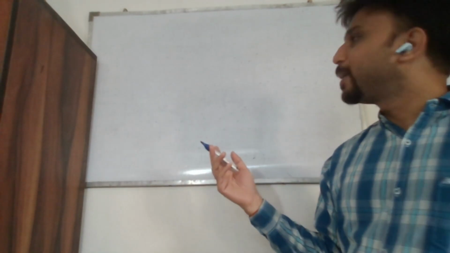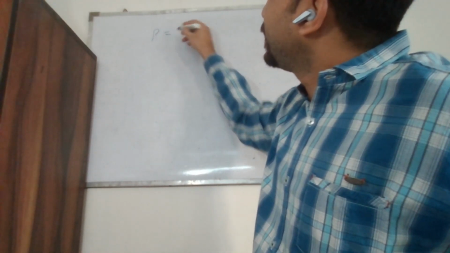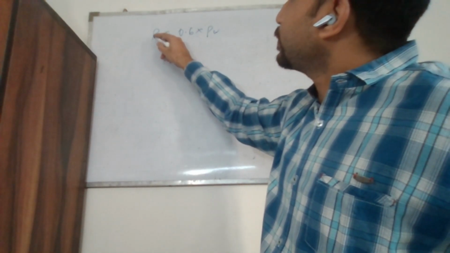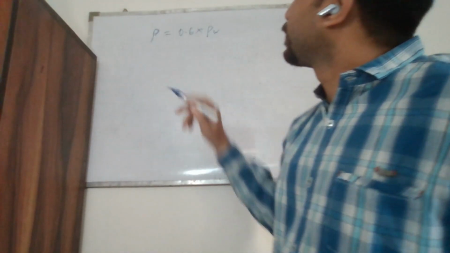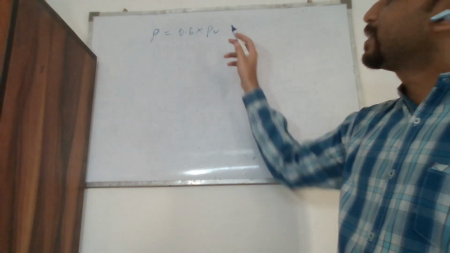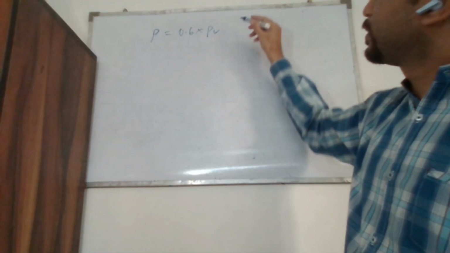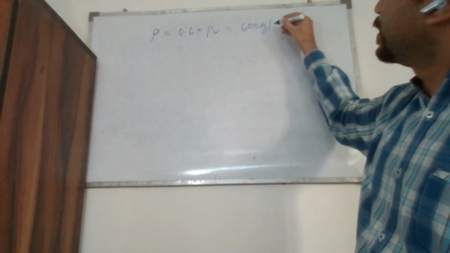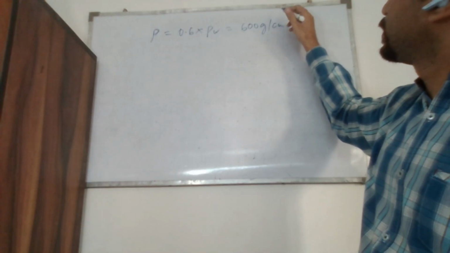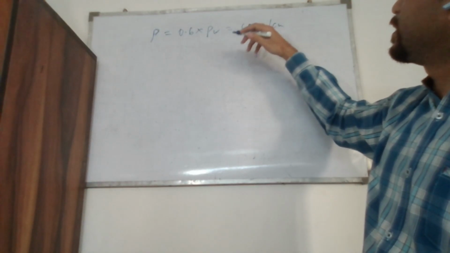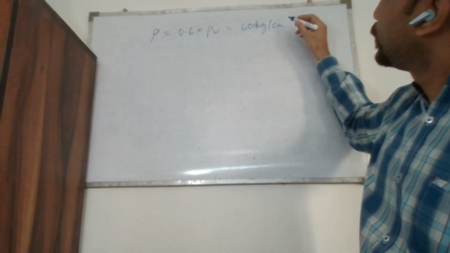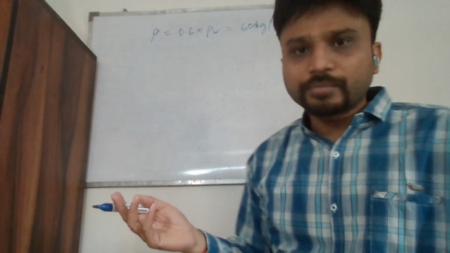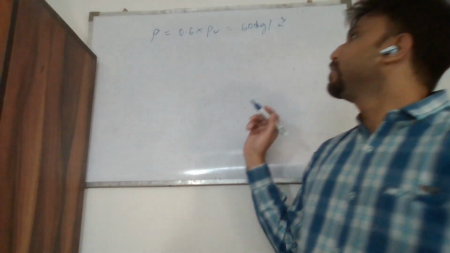So let's say we have a pen marker ink, its density is 0.6 times the density of water. Okay, so 0.6 times the density of water means that its density would be some 600 gram per centimeter cube or 600 kg per meter cube, right? Because density of water is 10 to the power 3 kg per meter cube.